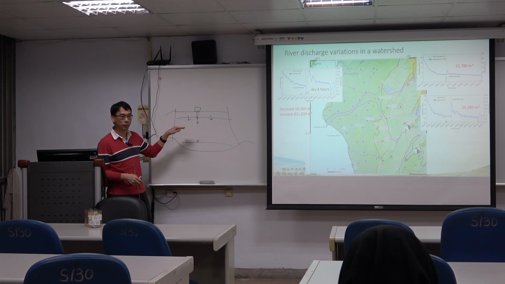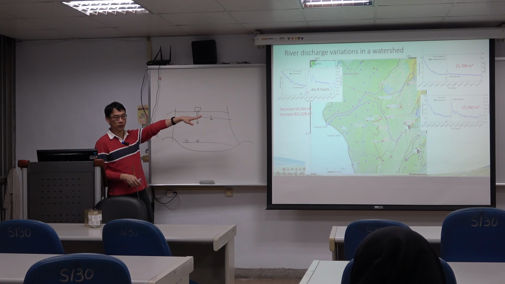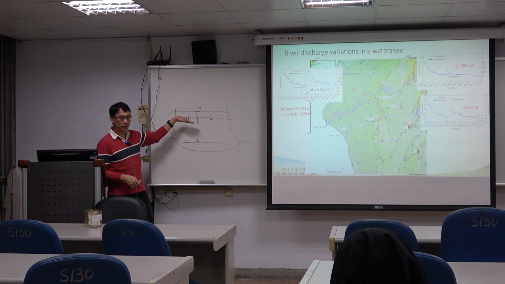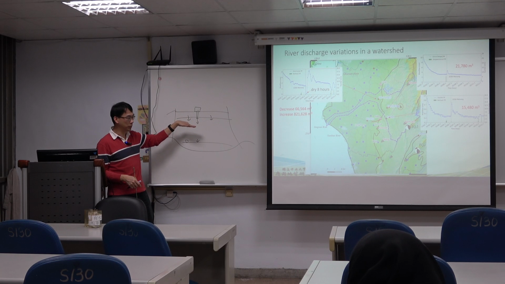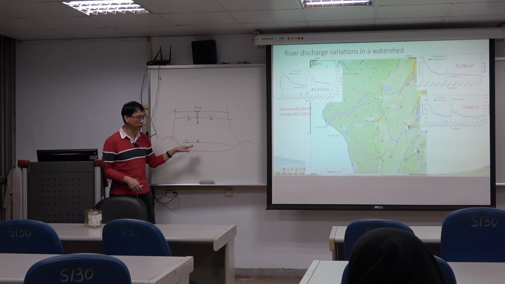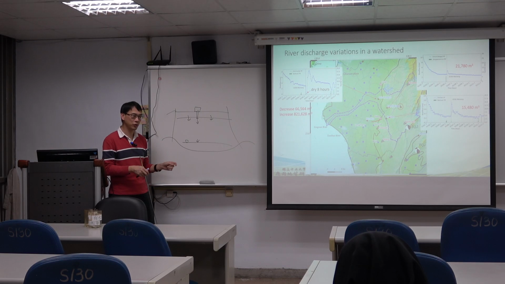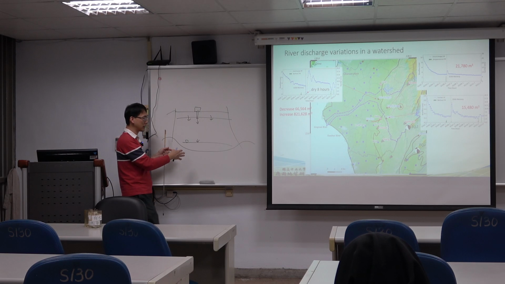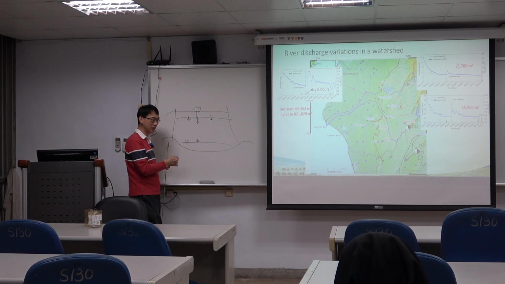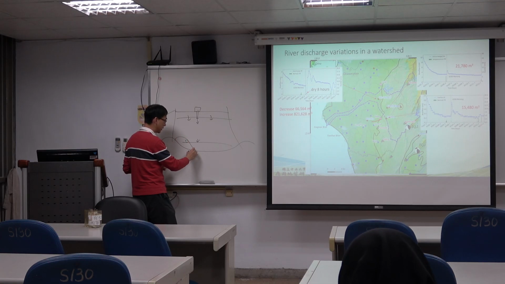So you will see an increase of the water levels if the bridge goes down. Another could be the river channel. If you ever go to a river channel, especially in Taiwan, the river channel is not always full of water. Sometimes they might have some of the same.